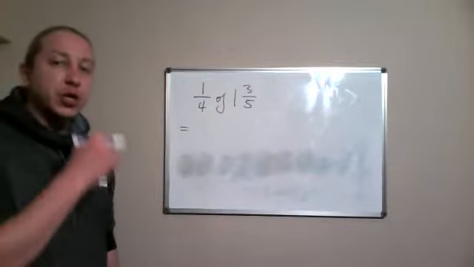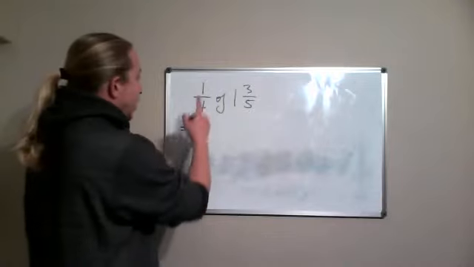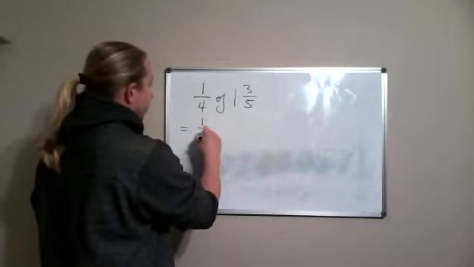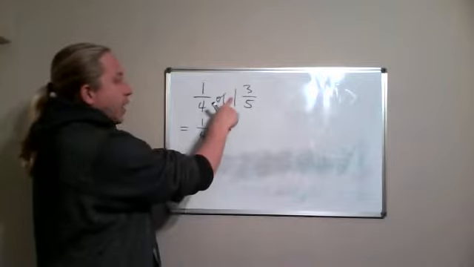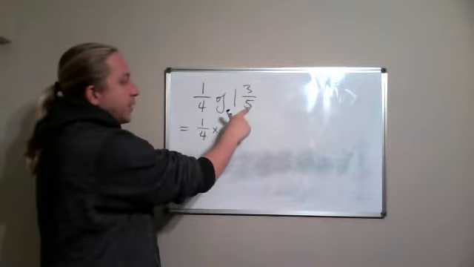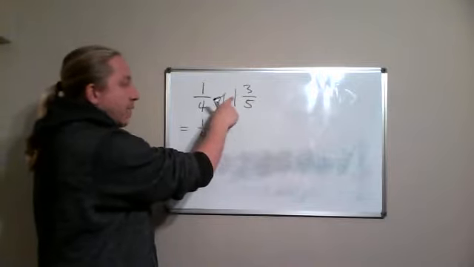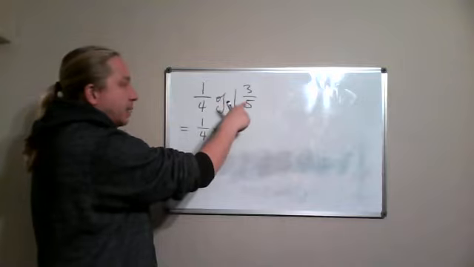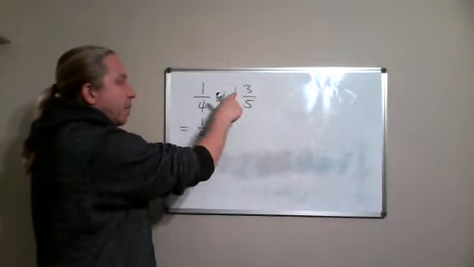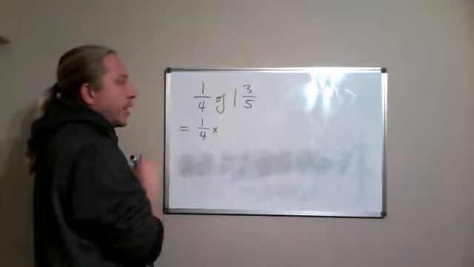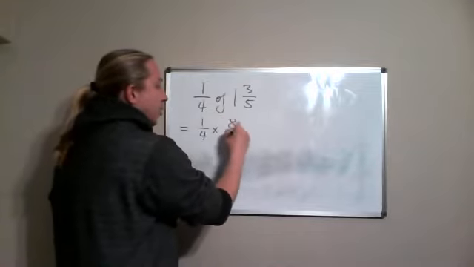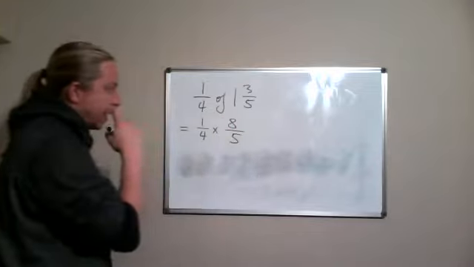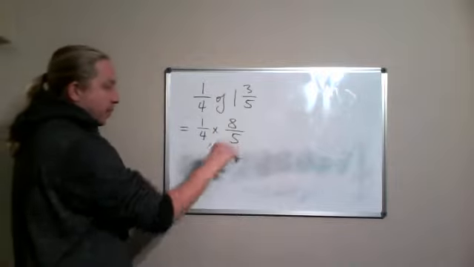So we need to change that to an improper fraction. Let's do that. 1 over 4 multiplied by. Right, we're cutting our 1 pie into pieces of 5. We still have the 5 pieces, so that's 1 times 5 gives me 5, plus 3 pieces that we already have. So that is 8 over 5. Now we can multiply.